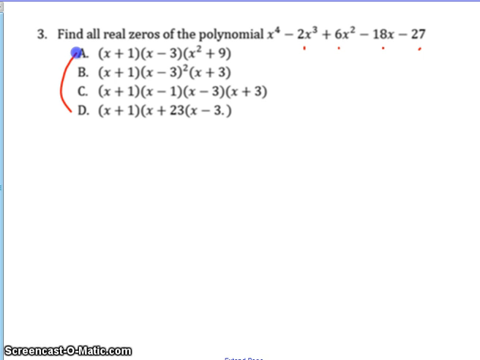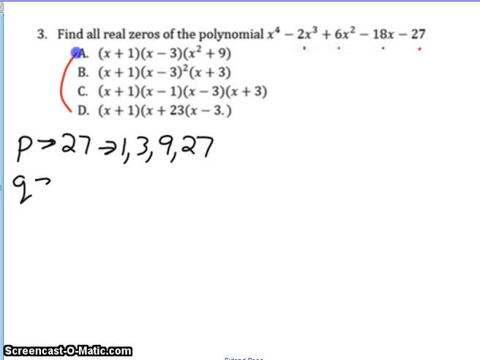If I take P, which in this case is 27, and I find all of the factors of 27, which are 1, 3, 9, and 27, and I divide that by all the possible factors of Q, which is 1, I can find possible factors of that polynomial. I've got plus and minus 1, plus and minus 3, plus and minus 9, plus and minus 27.